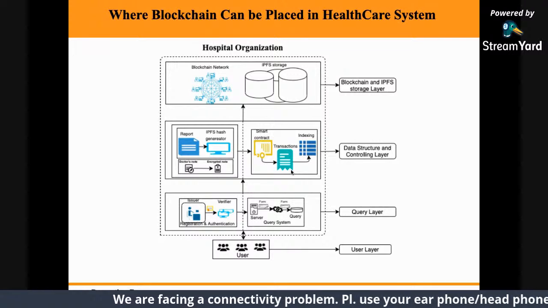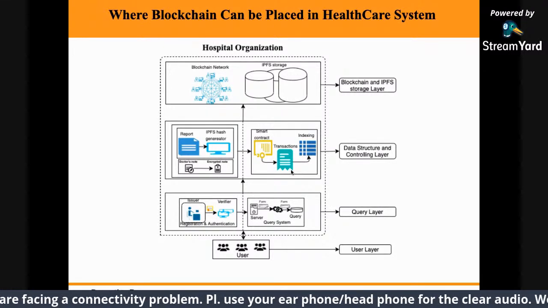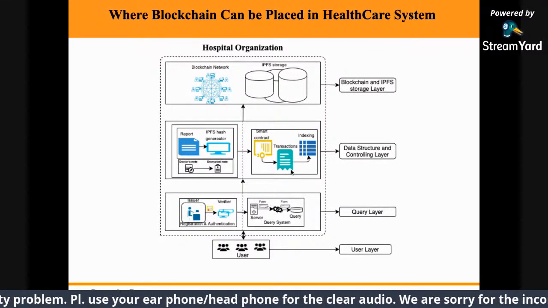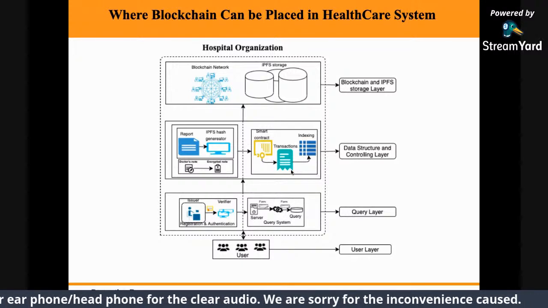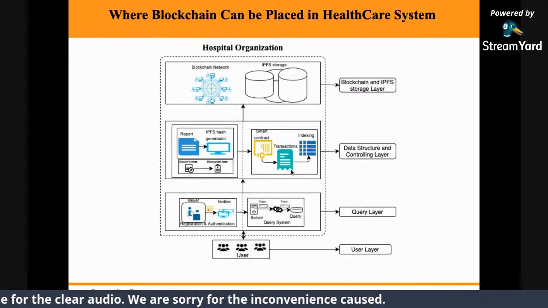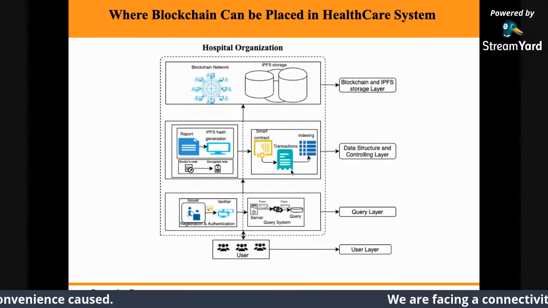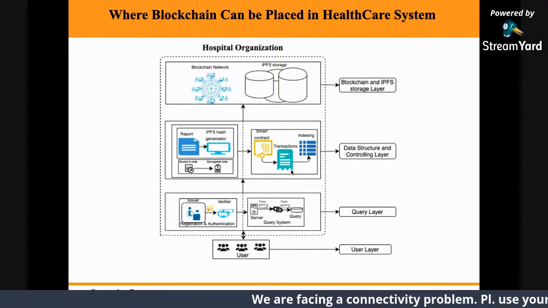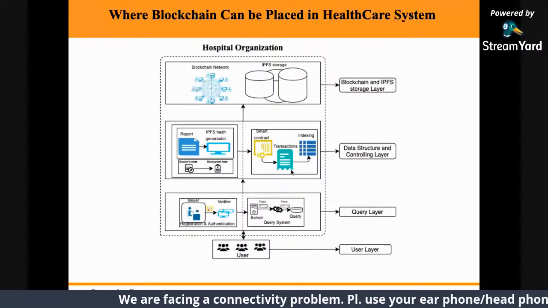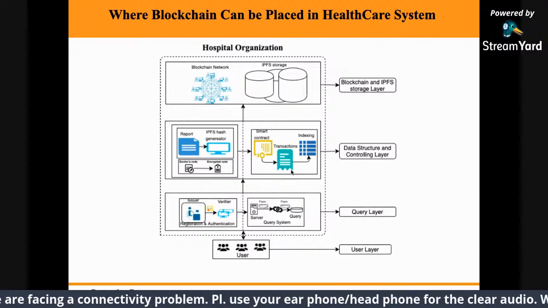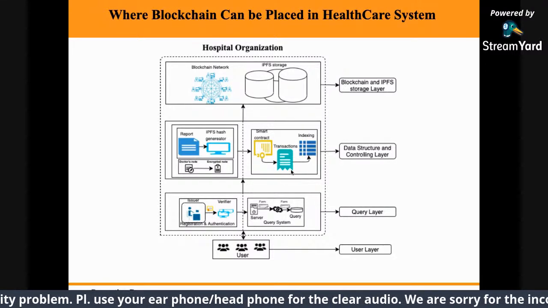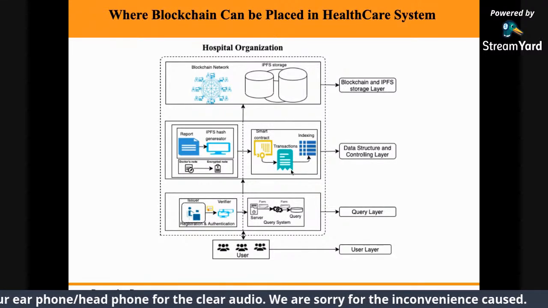I will show you a demo of this in a coming session. IPFS is the InterPlanetary File System, where a hash is created for a record based on its content. Even a small pixel change will result in a large change in the hash value.